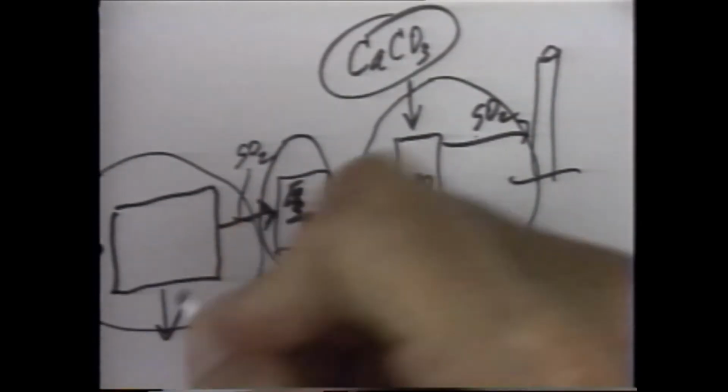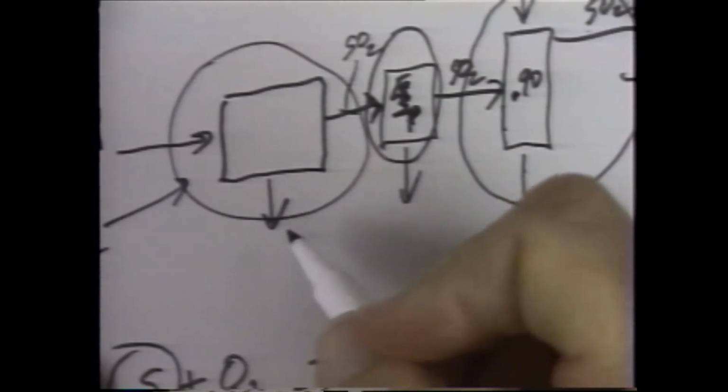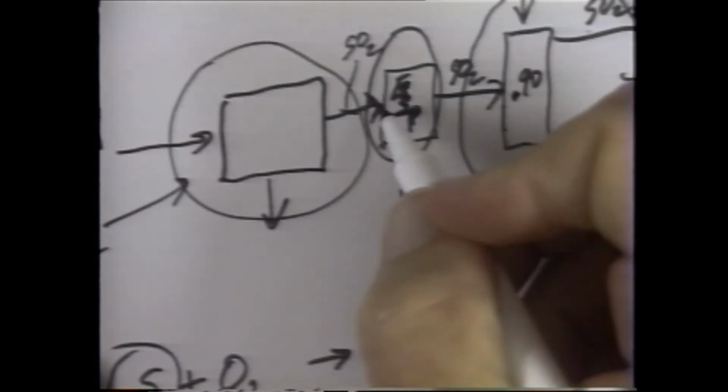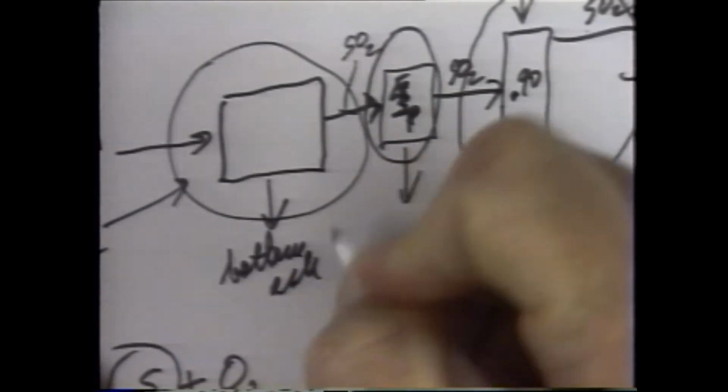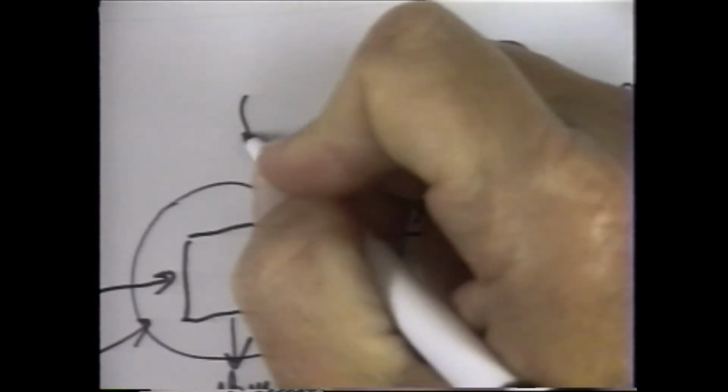But some of that ash drops out in the furnace. Okay, we said right here, we've got some bottom ash coming from that furnace and some fly ash. So this would be the bottom ash, and up here is the fly ash.